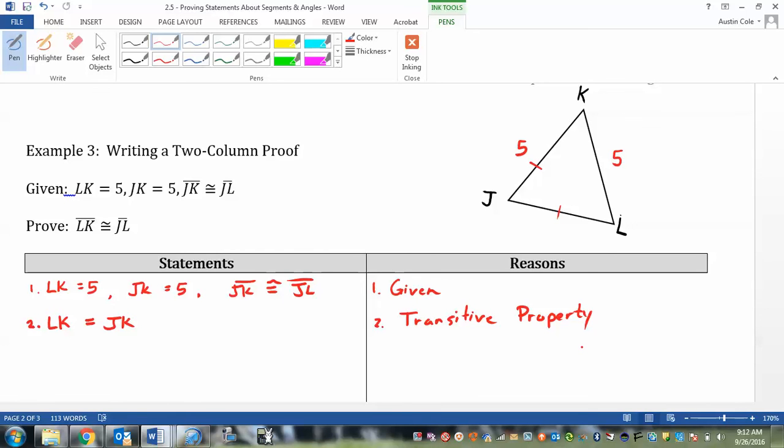Wouldn't there be two ways to do it? I will say this, there's never just one way to do it. There are multiple ways of doing these. The big thing is we can't skip steps and we can't assume stuff. But yes, we potentially could have started that way.